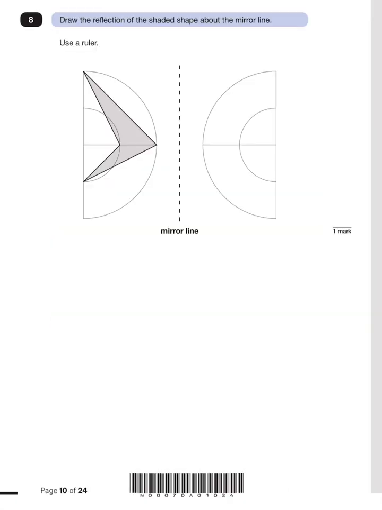Number 8, draw the reflection of the shaded shape about the mirror line using a ruler. So we're going from this point to this point, like that. And then we're going to this point over here.